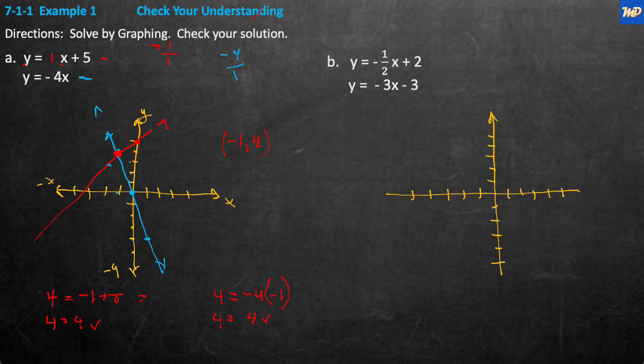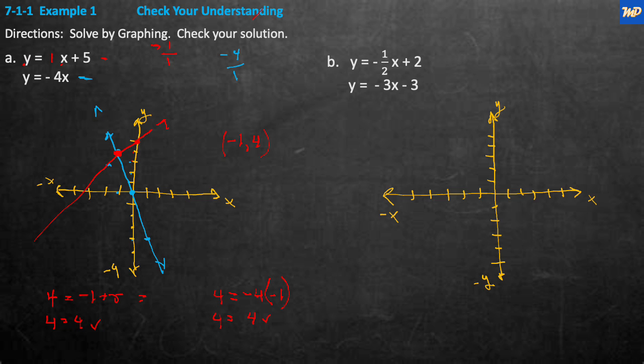So we're going to graph here's y, and here's x, -y, and -x. The first equation says our slope is -1/2.